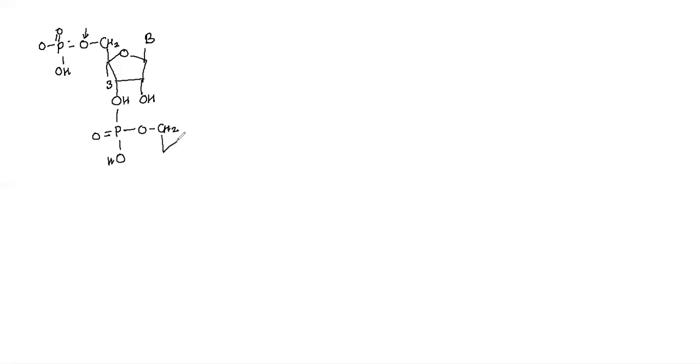Now this will be connected to the next unit from here. So we have the OH here again, and here comes the next base. Again, this is getting repeated over here. So this is the 5th carbon and this is the 3rd carbon. So the 3rd carbon of one unit is connected with the 5th carbon of the next unit.